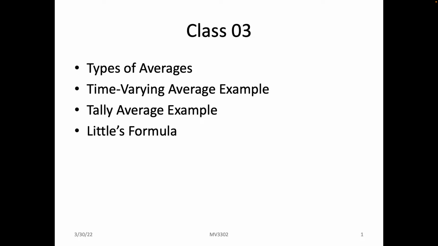The time-varying average is typically the area under the curve divided by the time, which is a different way of computing things, whereas a tally is what you're used to: you have a sequence of numbers, you add them up and divide by the number. And as you hopefully saw yesterday, when we're dealing with values that take a certain amount of time, the amount of time that you spend in those states needs to be taken into account when you're looking at the average.